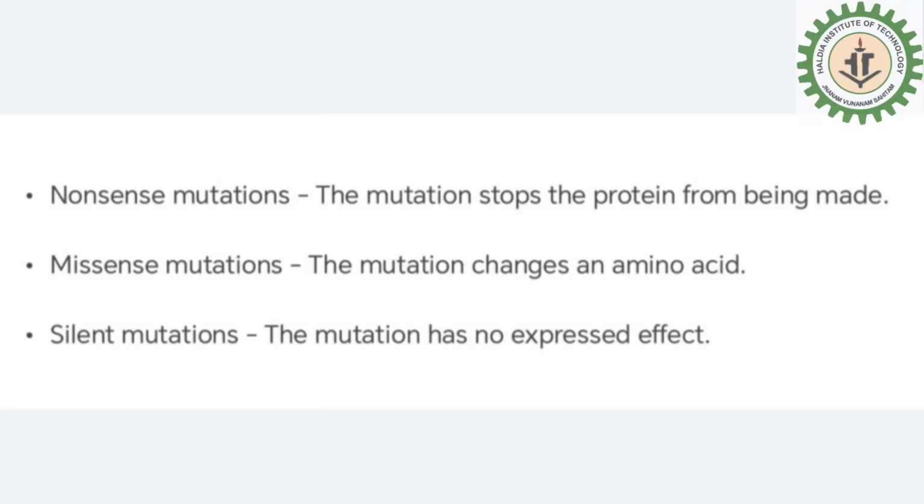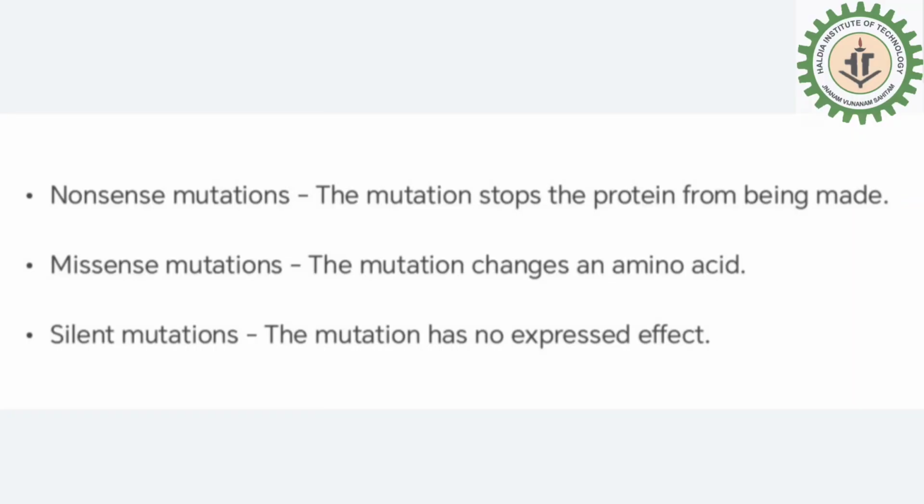Now 3 more types of mutations. Nonsense mutations. This type of mutation will create a stop codon. So it will stop the protein production. Missense mutation. In missense mutation, the nucleotides will be substituted in such a way that the amino acid may be changed, but the new amino acid will be biochemically similar to the previous amino acid.